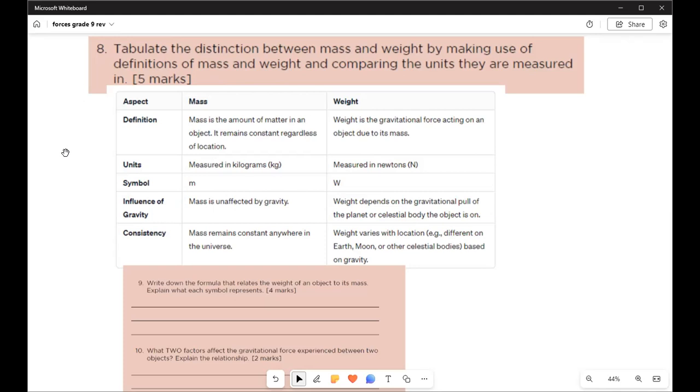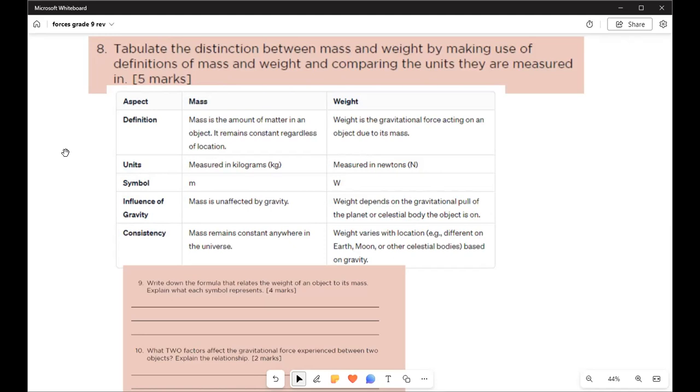Weight is basically another term of gravitational force acting on an object due to its mass. So weight is the force of gravity that you are experiencing because of your mass. Perfect. And weight is different on different planets. Perfect. Units.